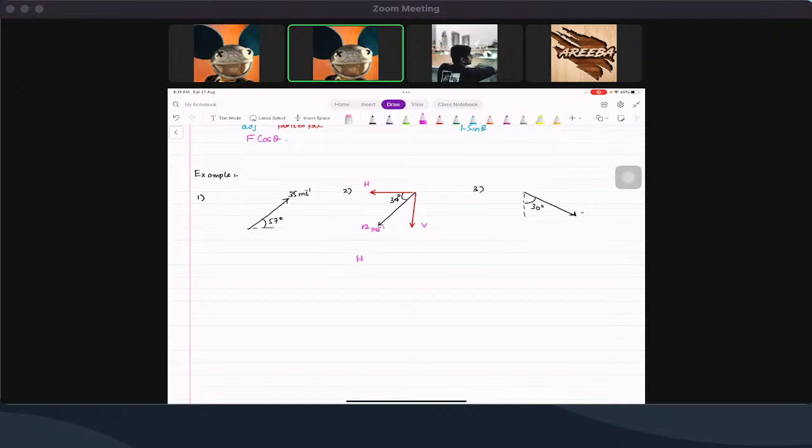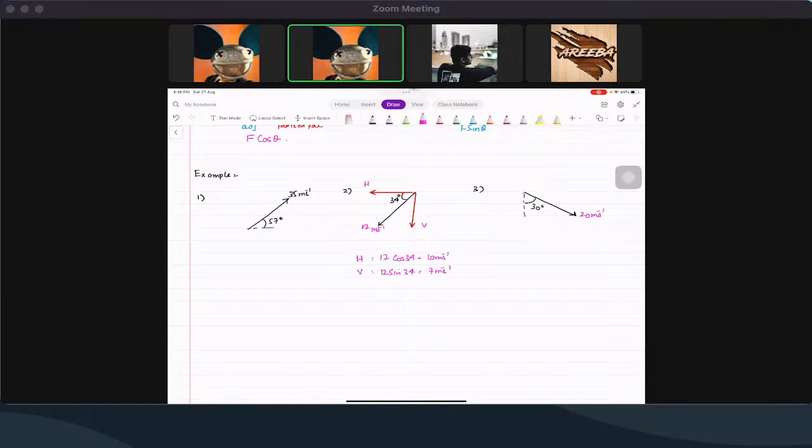The horizontal would be 12 cos of 34, that is 10 meters per second, and the vertical is 12 sine of 34, that is 7 meters per second. Do you guys understand this?